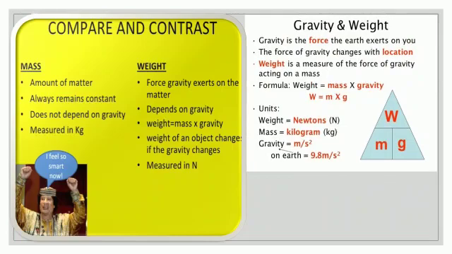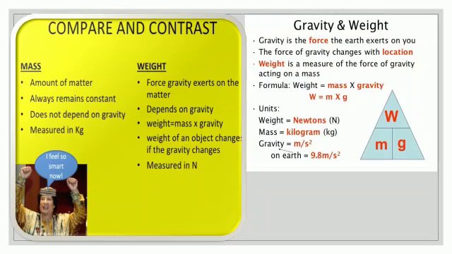Let us proceed with gravity and weight. Gravity is the force the Earth exerts on you. The force of gravity changes with location. Weight is a measure of the force of gravity acting on a mass.